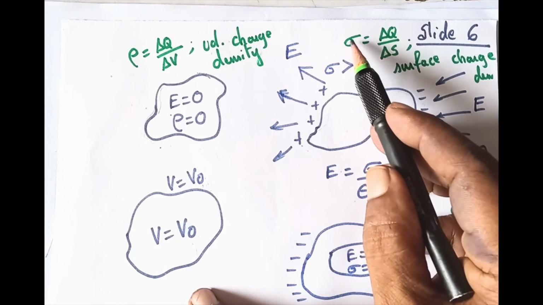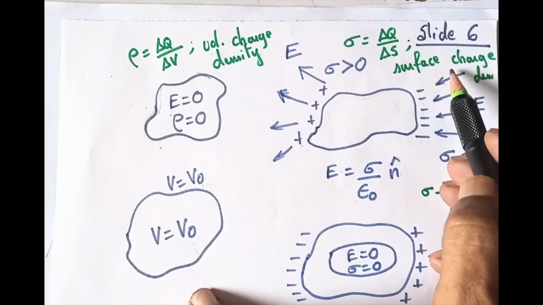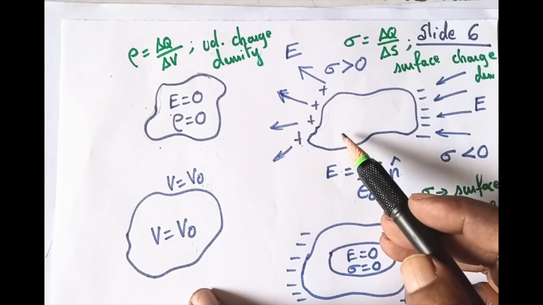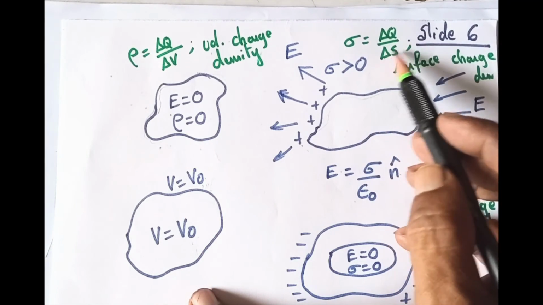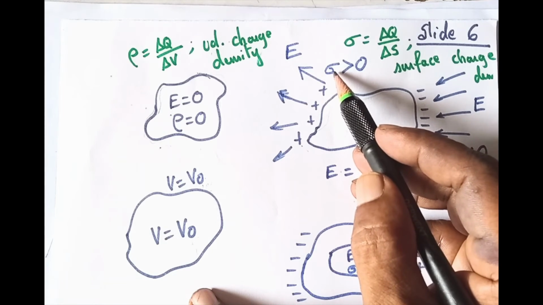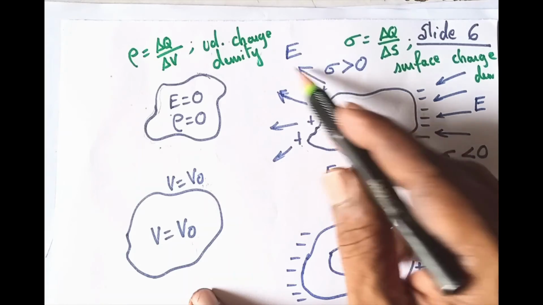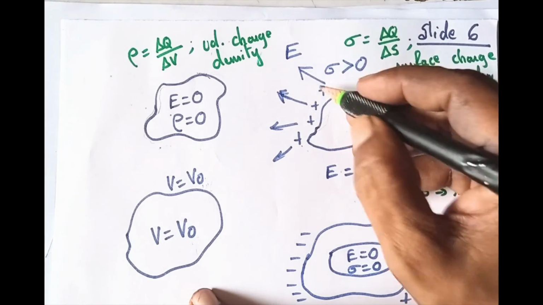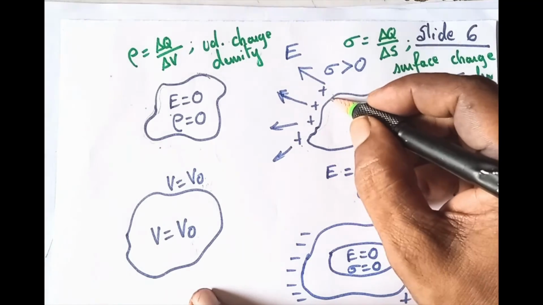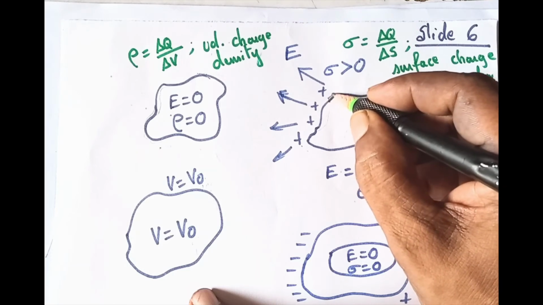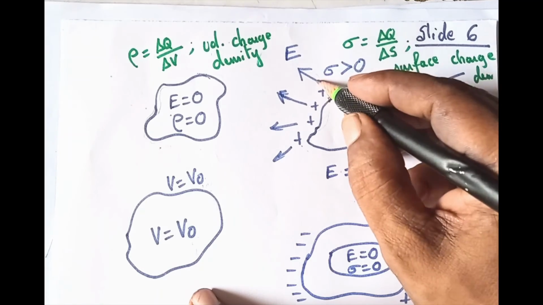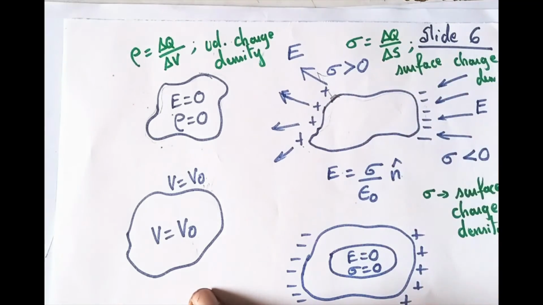And we deal with sigma. Sigma is the surface charge density. Rho is the volume charge density. So sigma is delta Q by delta S. If sigma, the surface charge density, is greater than 0, that means it is positive, and the electric field is directed outside, perpendicular to the area of the surface at each point.